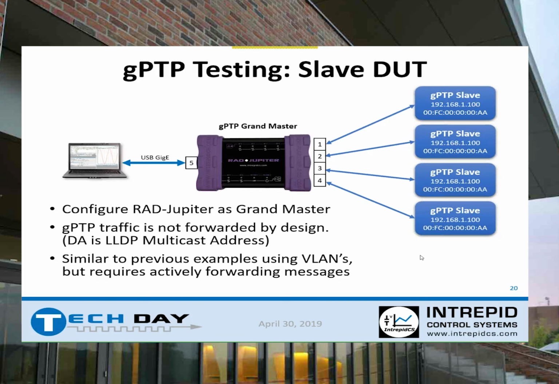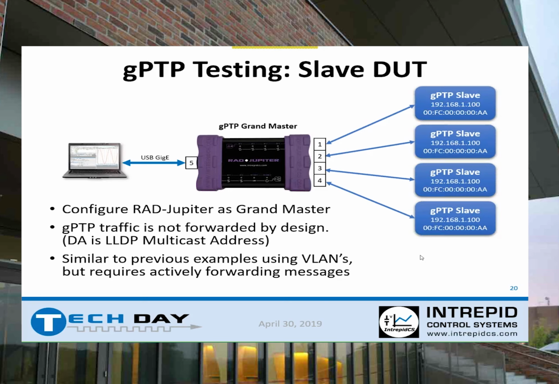It's a destination address reserved for, I think the most common is the LLDP, Link Layer Discovery Protocol, but it's also used by gPTP as well as some of the other AVBs. And so what that means is it is not forwarded under any circumstances, but you can bypass that with the hardware in here with port forwarding.